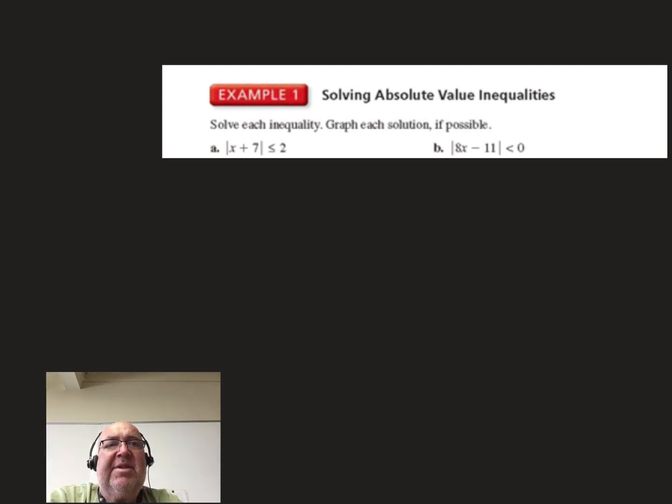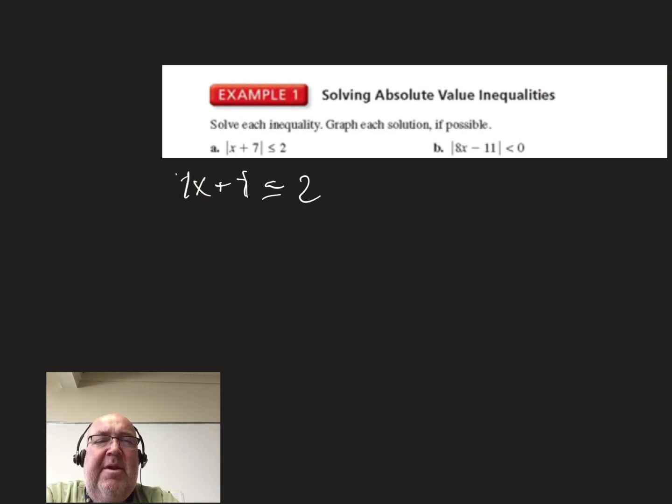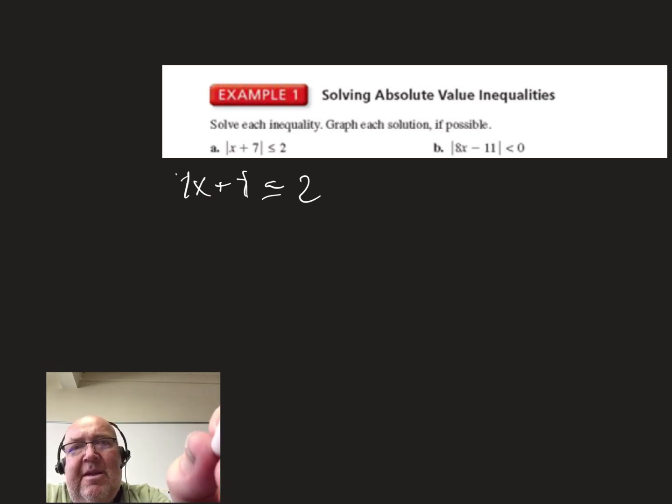Alright, first off, solve the absolute value inequalities. So I'm going to write it down first. I have the absolute value of x plus 7 is less than or equal to 2. Remember, when we get the absolute value portion by itself, we rewrite.